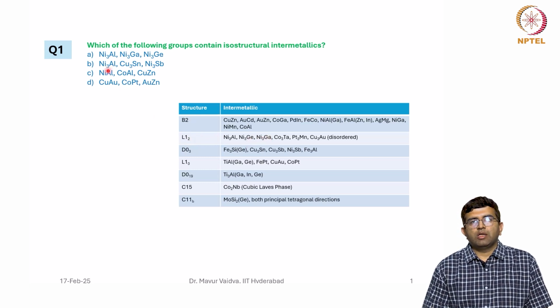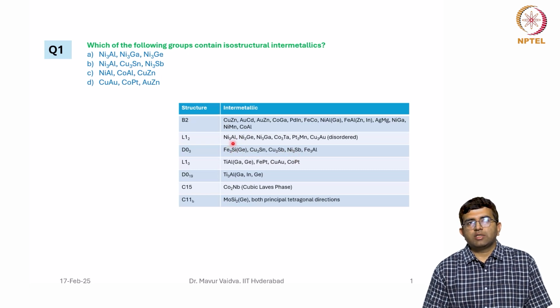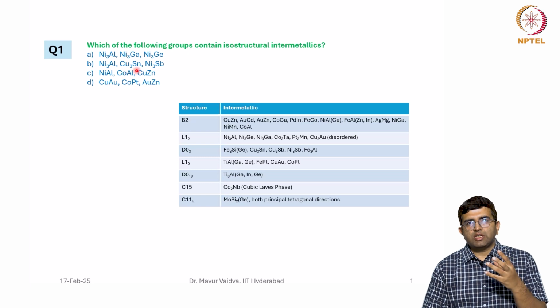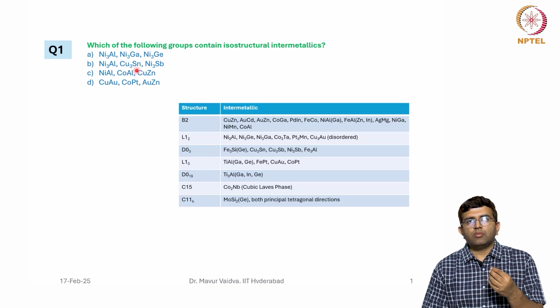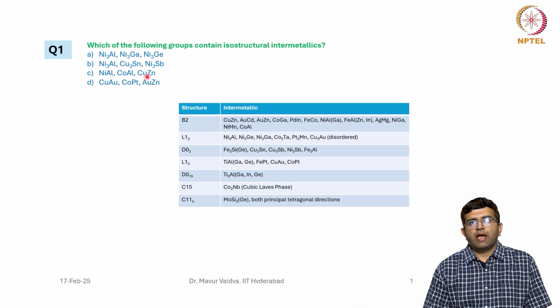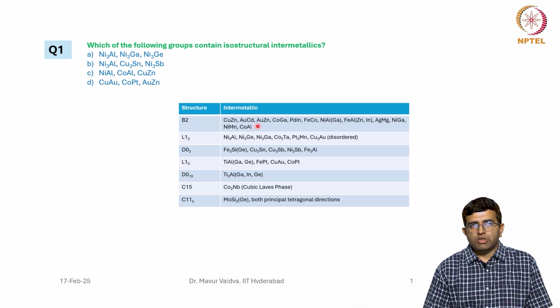Whereas, if you see Ni3Al, Cu3Sn and Ni3Sb, Cu3Sn and Ni3Sb actually have a DO3 structure. So this is not the same as Ni3Al, which is L12. Even if the stoichiometry, the chemical formula, is still A3B, the structures of these intermetallics are different. Similarly, NiAl, CoAl and CuZn are all three having a B2 structure.